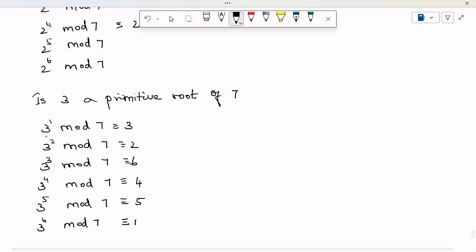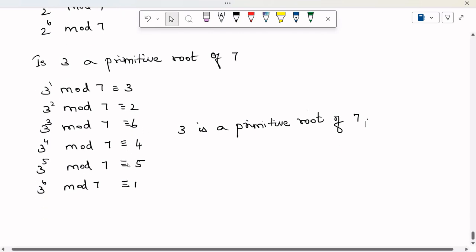In this case, you can see we are getting distinct values 1, 2, 3, 4, 5, 6. So 3 is a primitive root of 7. This is how we can check whether alpha is a primitive root of p or not. Now along with this, we can continue with discrete log.